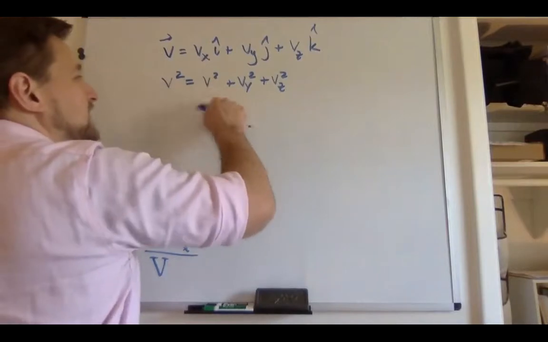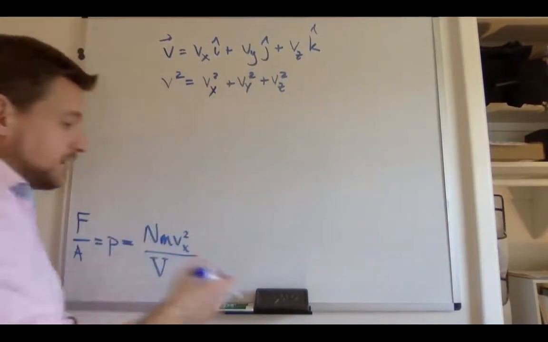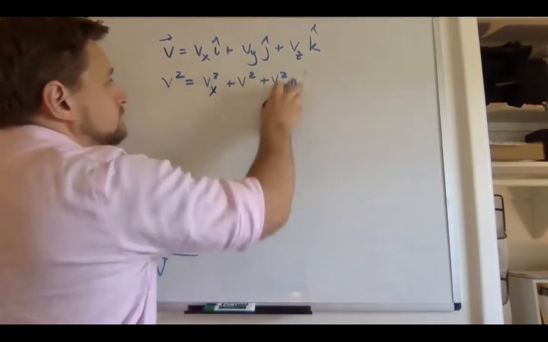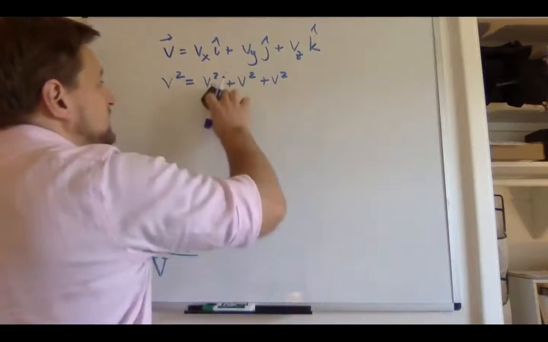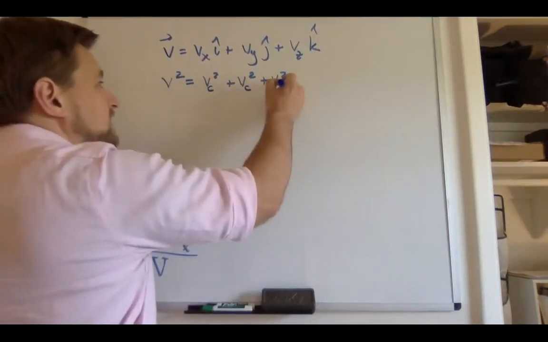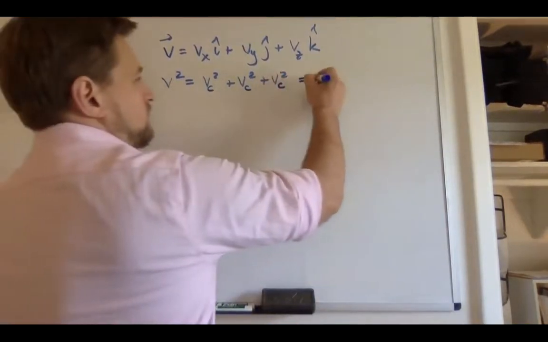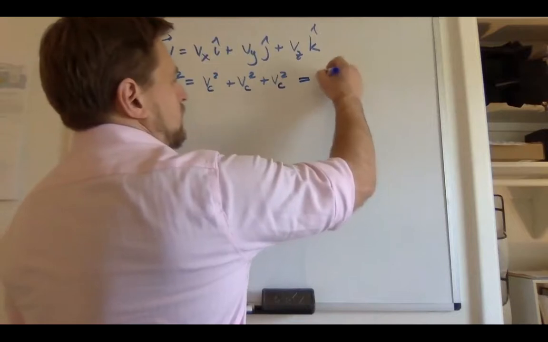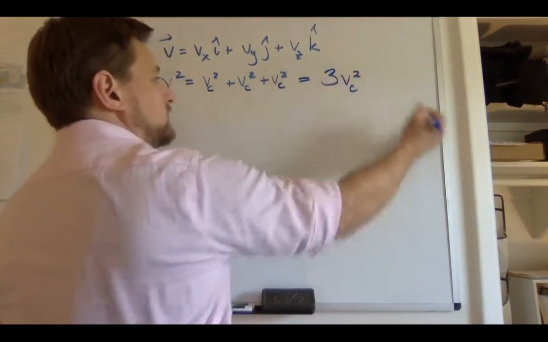I'm just going to write vx because that's what we've got down here. It doesn't matter which component we're talking about. So, 3 times the v component squared.